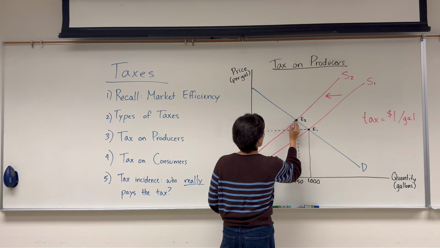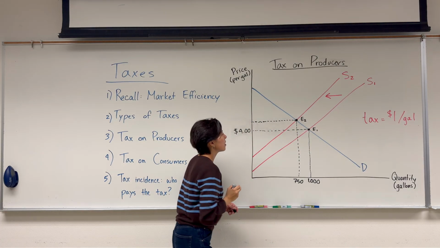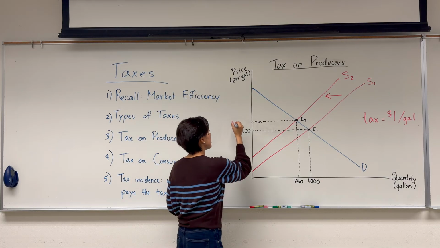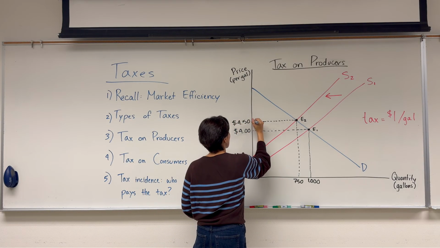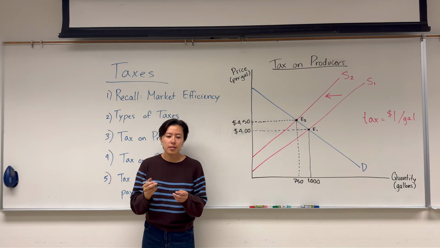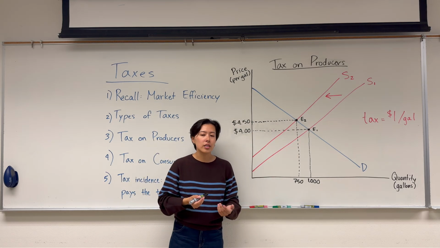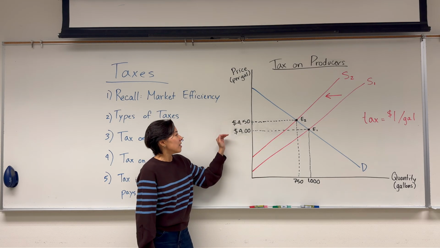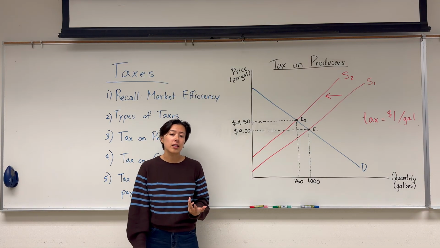At the same time, we also see that the equilibrium price for gasoline has increased. Let's imagine that the equilibrium price for gasoline has now increased to $4.50. What this means is that for our consumers, when they go into the market to buy gasoline, now they have to pay an increased price of $4.50 per gallon.